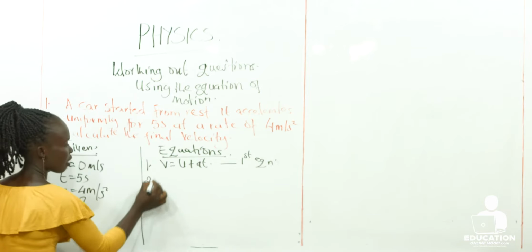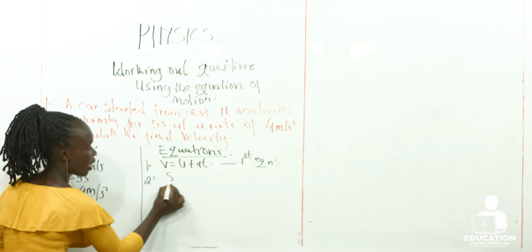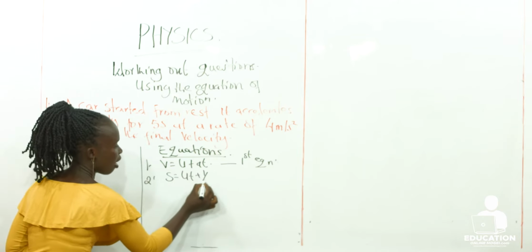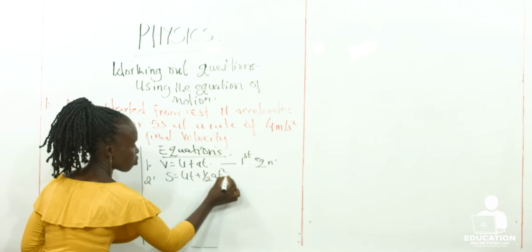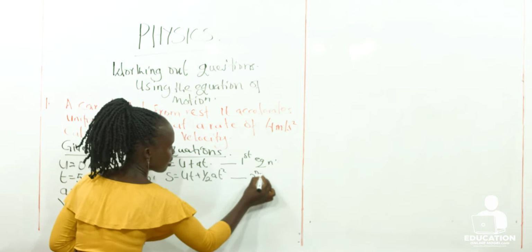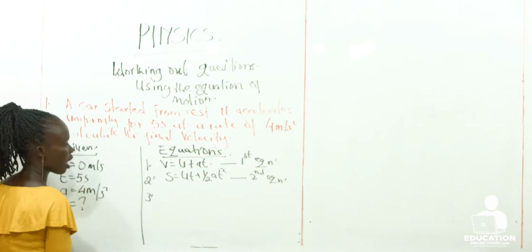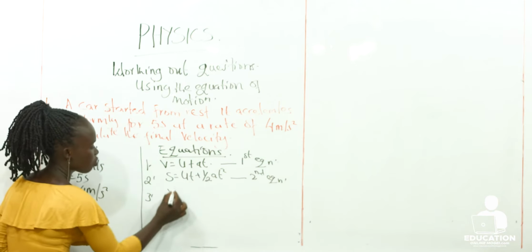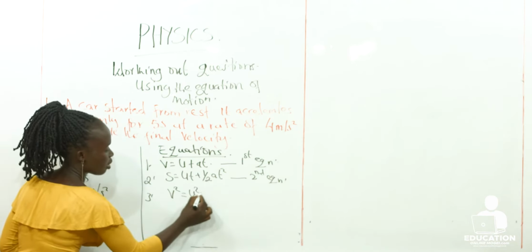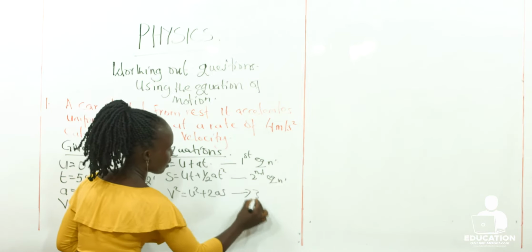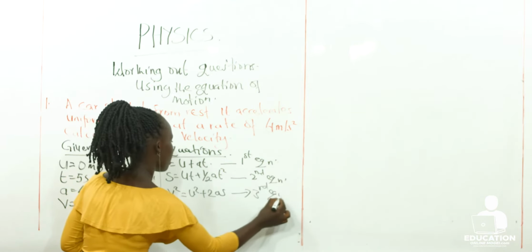Number 2: s equals ut plus a half at squared. This is our second equation. Then we have the third equation as v squared equals u squared plus 2as.